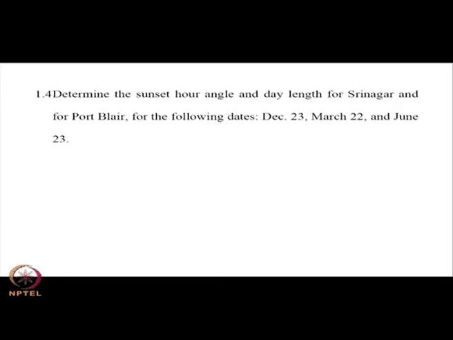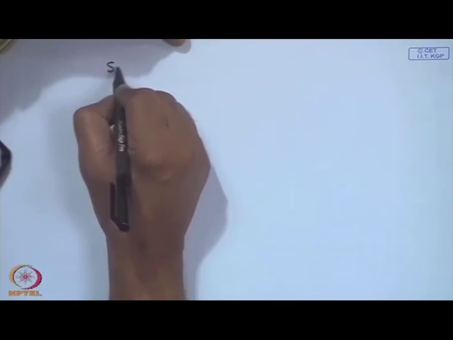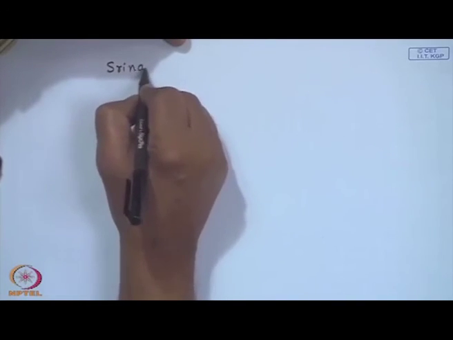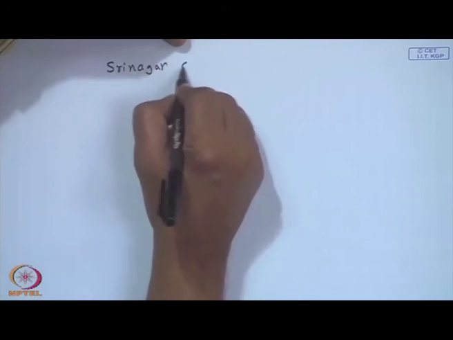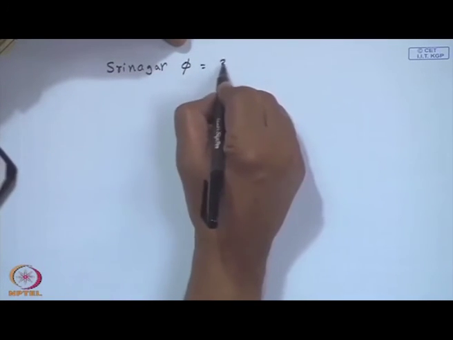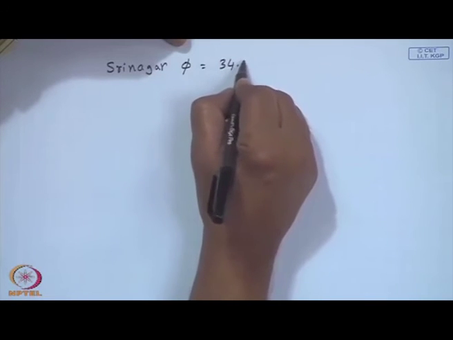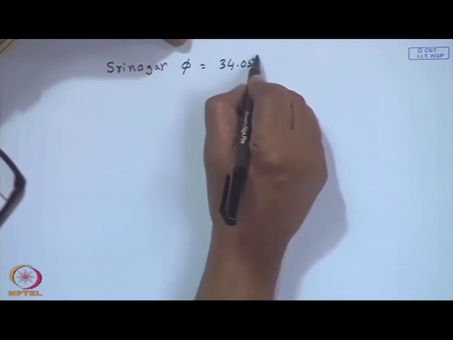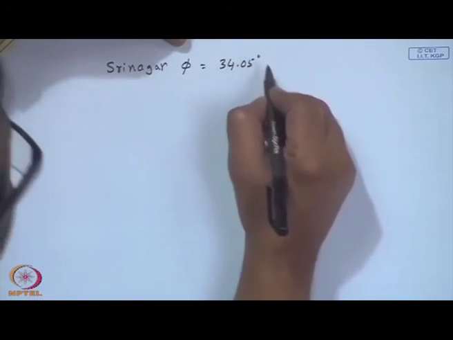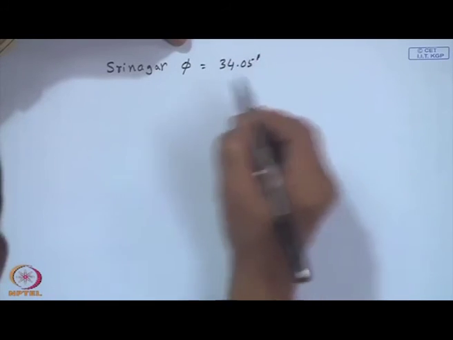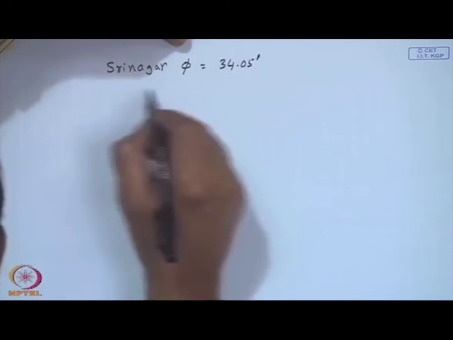And as we have taken the data from Time Genie, you can see in the first few pages of the exercises chapter, this chapter, Srinagar has a latitude of 34.05 degrees. Sorry, this should be, I think, minutes, though it does not make much difference.